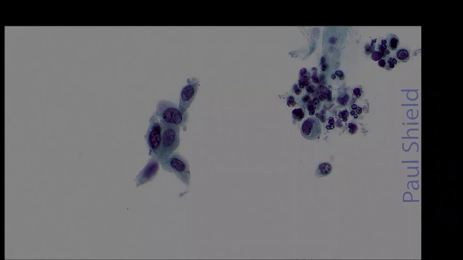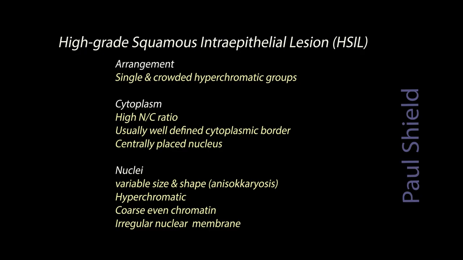So in summary, HSIL presents in two ways really, or three I suppose. Single cells, very loose groups of them, and then those dense, crowded, hyperchromatic groups like the ones we just looked at. The cells have a high NC ratio, and as a result the groups are very crowded, and the cells that you see singly have just a thin rim of cytoplasm around them.